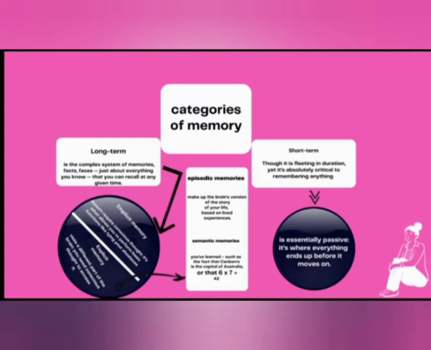Your implicit memory doesn't require as much conscious thought. It's what allows you to perform basic functions like tying your shoe and brushing your teeth.